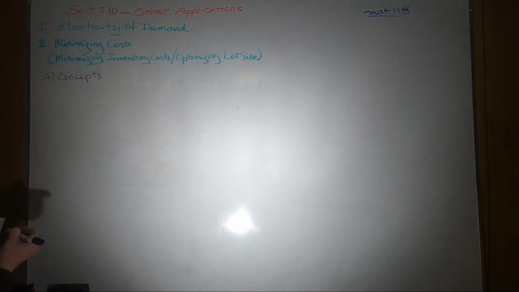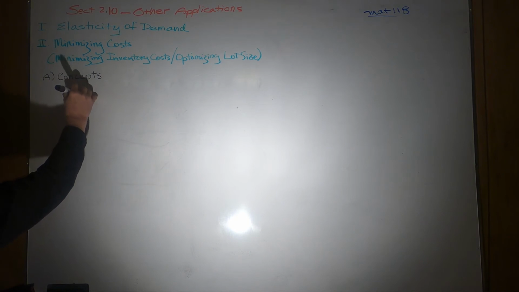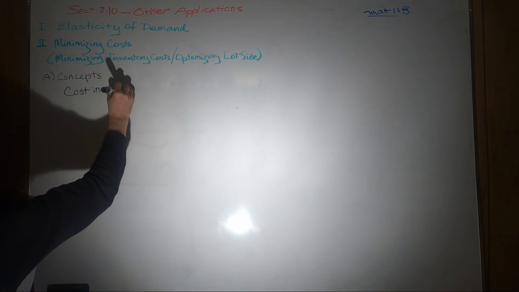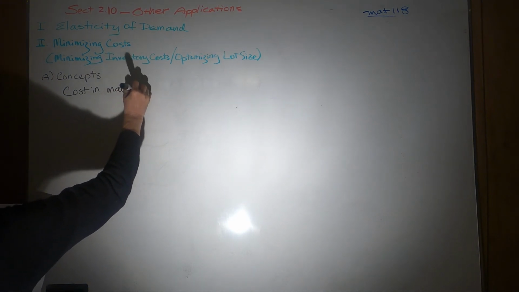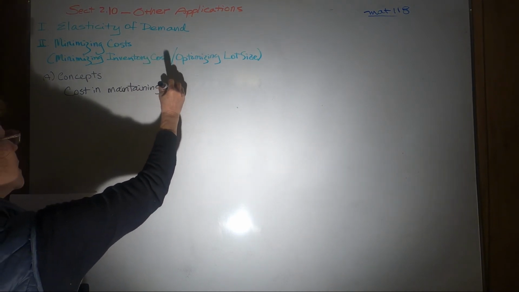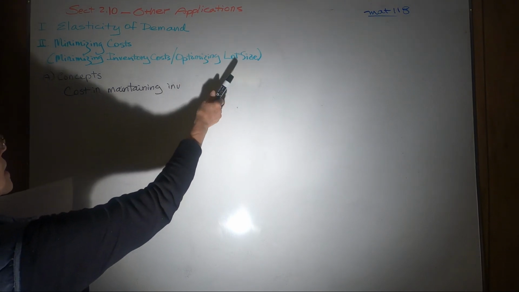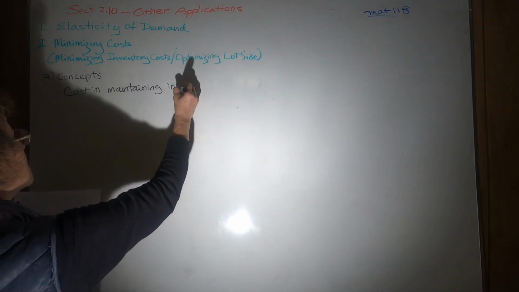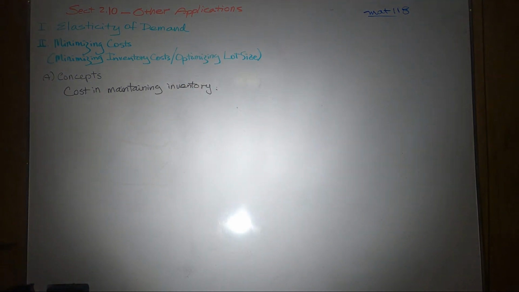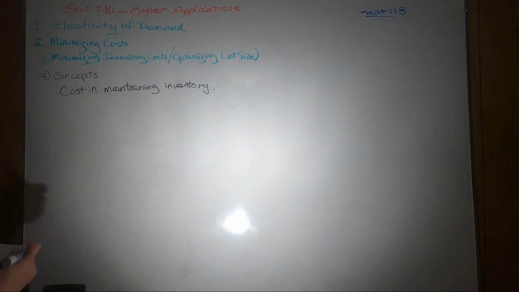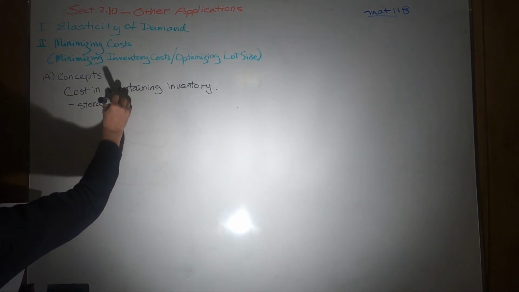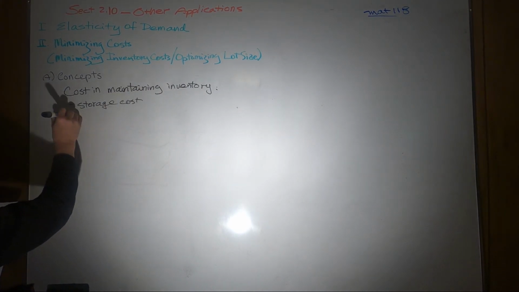Because for the manufacturer to keep the cars there, if you produce too many at a time and have too many parts, then you need to have a lot to keep them there, and that costs money, right? Cost in maintaining inventory, because that would need what? You have a storage cost.